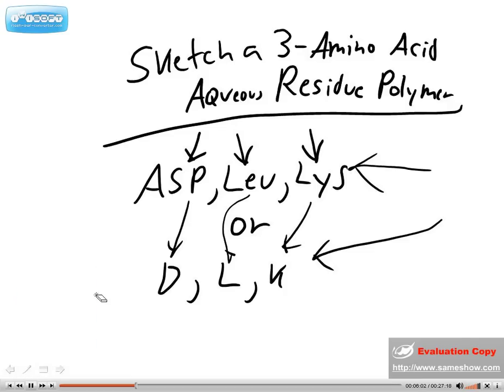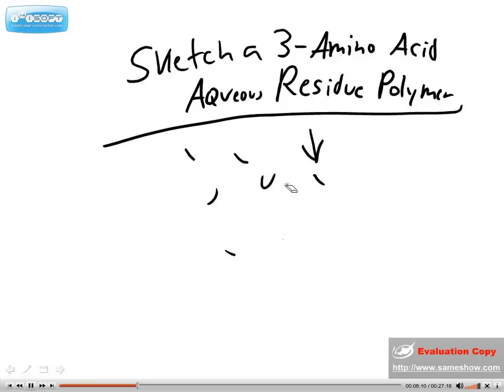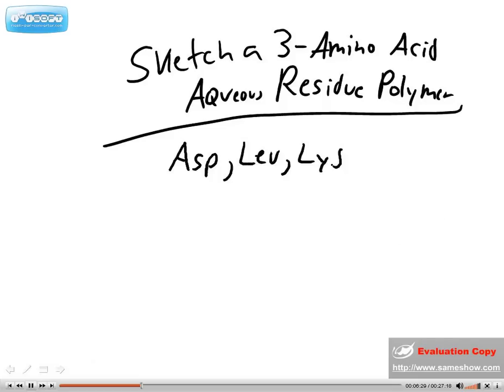So let me erase some of this just to create extra space. I'll give you something like this: ASP, and I'll stick with the one I just did right now, LEU and LYS.